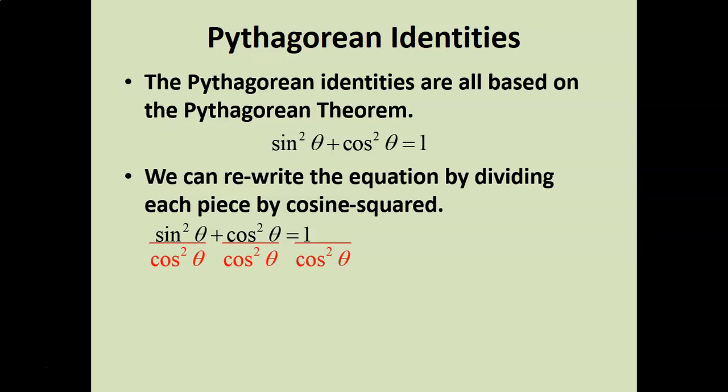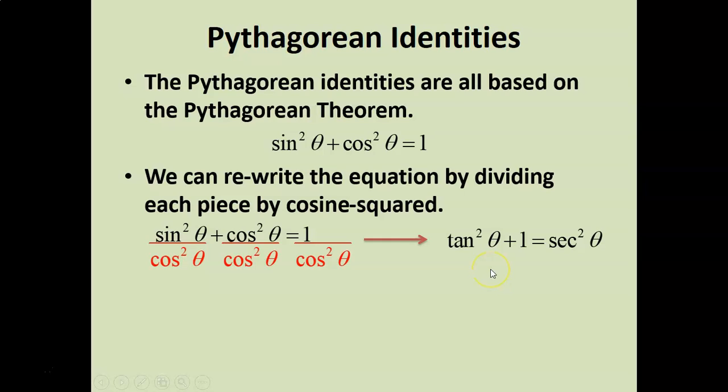Well, then we would be able to relate the quotient and reciprocal identities that we just talked about. Sine squared over cosine squared would be equal to tangent squared. Cosine squared over cosine squared is of course going to be 1. And 1 over cosine squared, based on the reciprocal identities that we just talked about, is going to be secant squared.